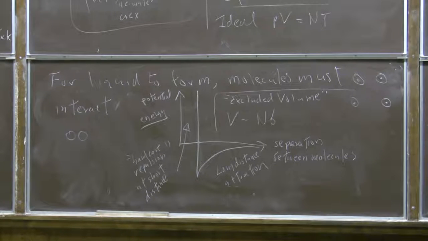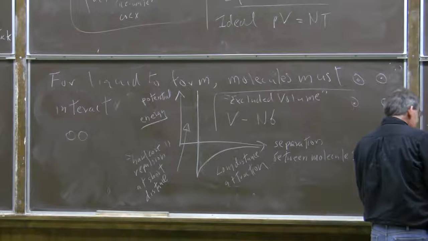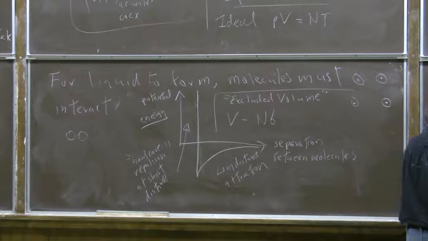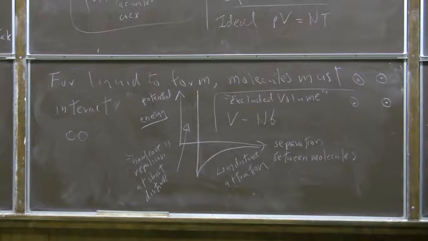We'll be adopting what we'll call mean field theory. Meaning that n of x equals n is a constant without any fluctuations. So I can just move it out of the integral and write this contribution to the internal energy as 1/2 concentration squared.